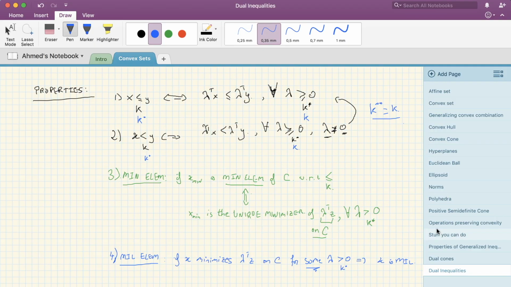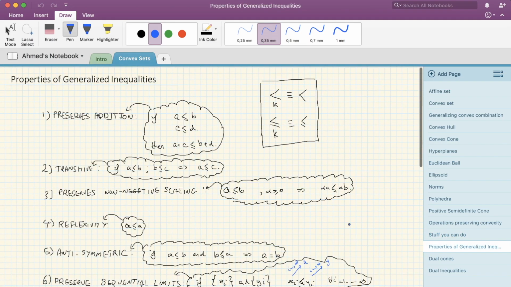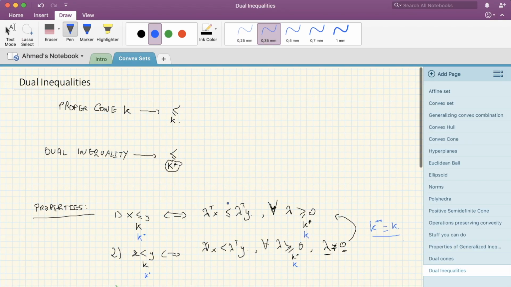We also gave some applications of convex sets, more specifically on generalized inequalities, which is defined with respect to a proper cone that has to be convex, of course, because that's one of its properties right here. We also stated a few famous properties of generalized inequalities, talked about dual cones, and defined what dual inequalities are with some of their properties.